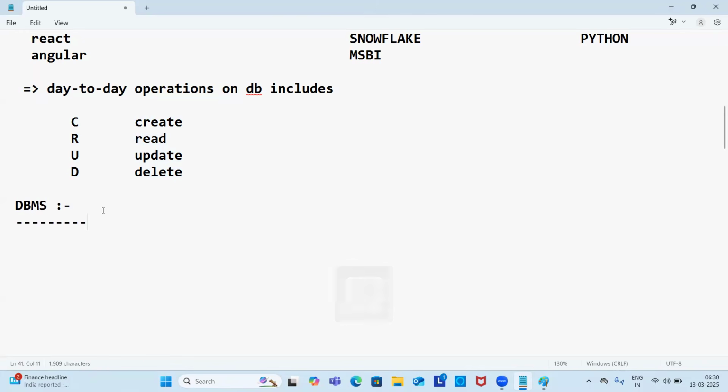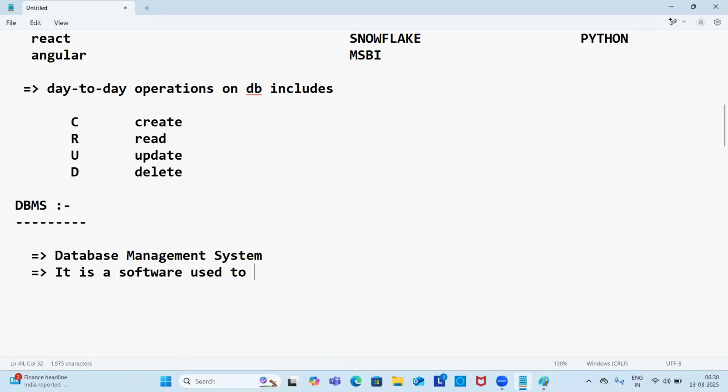So what does DBMS stand for? Database Management System. A DBMS is a type of software used to create and manage databases.